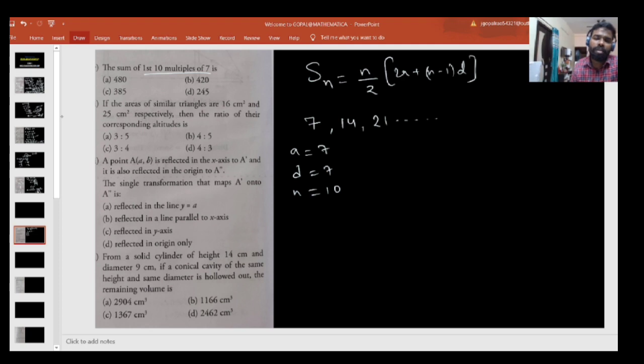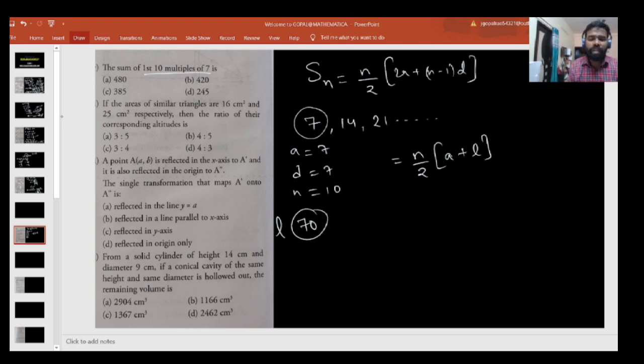10 multiples, so 10 terms. There are two formulas for this particular sum. We have this n by 2 and a plus l. When we know the last term, we can use this, and we can find the last term, because they are saying 10 multiples. So the 10th term will be 70.